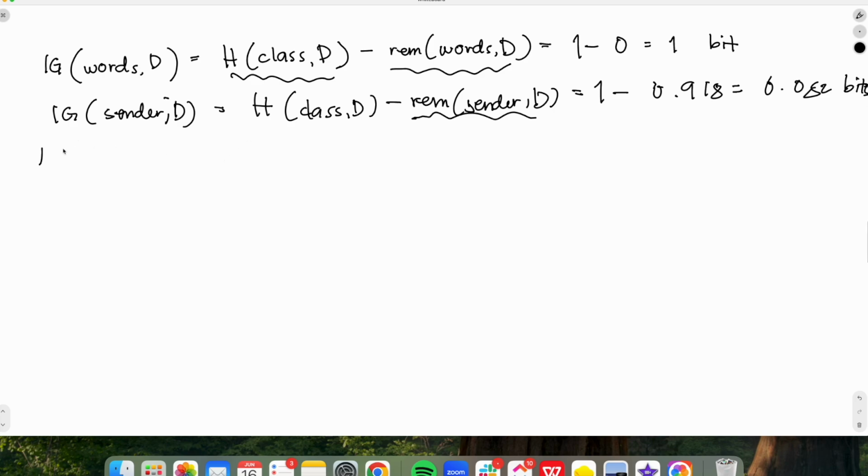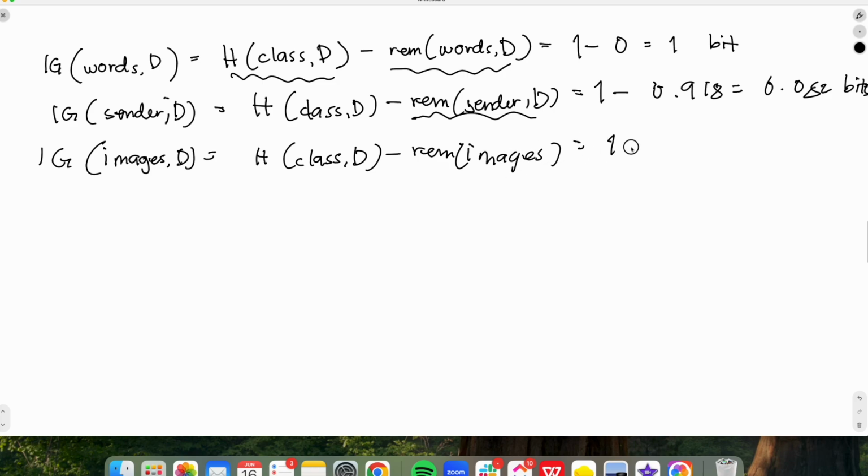And lastly, the information gain with regards to the images. So we have H of class D minus remainder of images. This is basically 1 minus 1, so this is 0 bits. So the information gain for the words has the highest value.